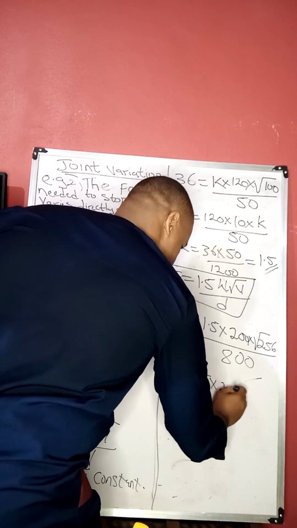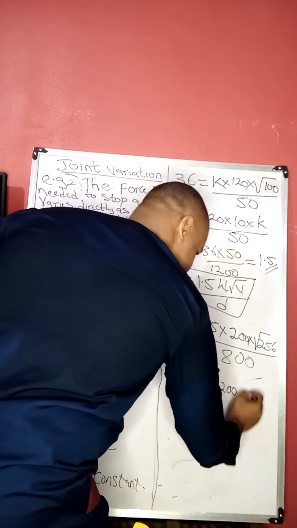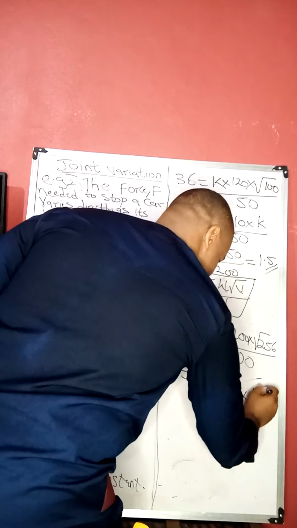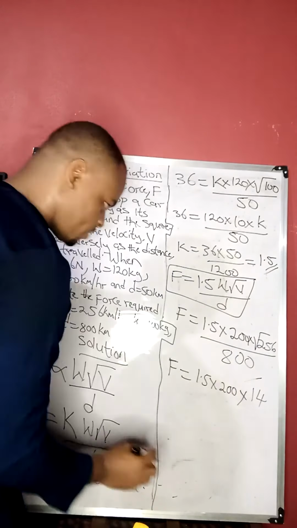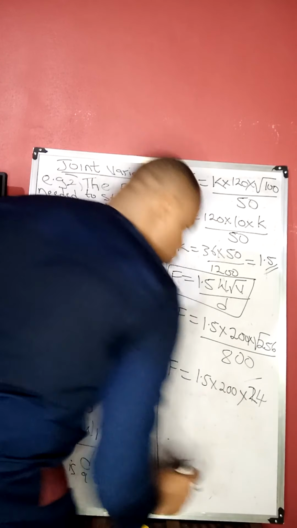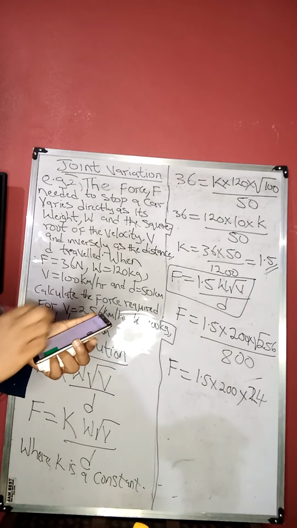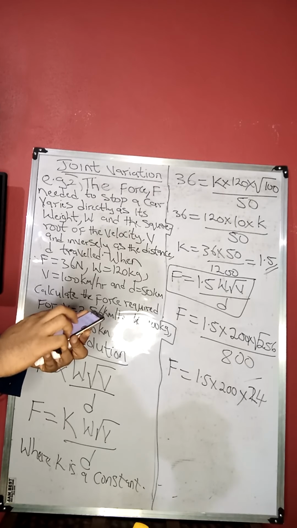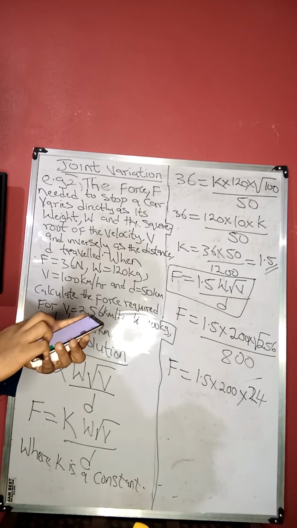1.5 times 200 times square root of 256. I believe it's 14. No, I believe it's 24. You can confirm that. Square root of 256. Just do 24 times 24 if it will give you.